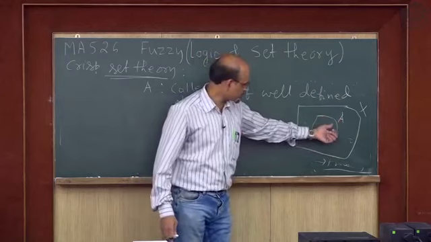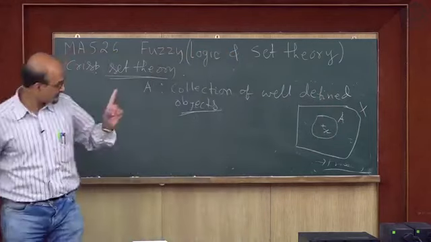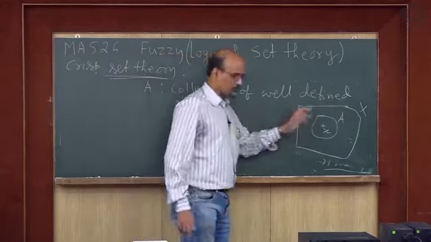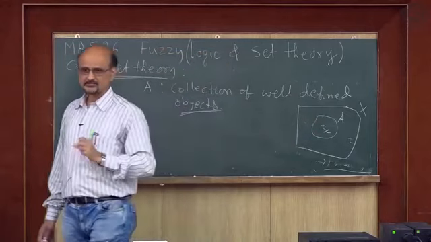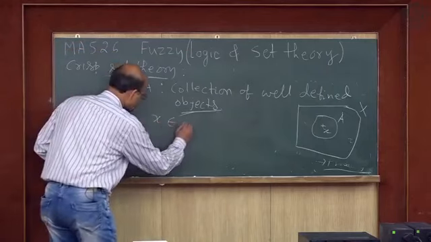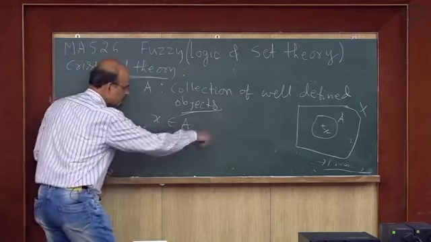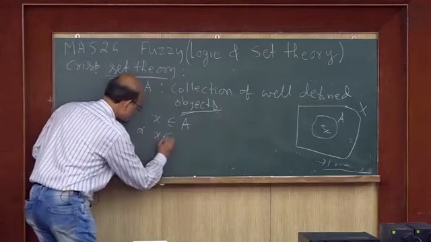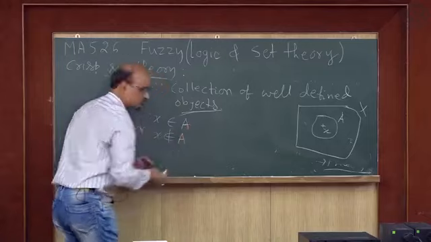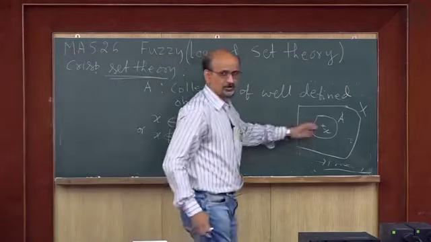So, x belongs to A, which is in universal set X. Now, in crisp set theory, what do we write? x belongs to A, or maybe x is outside, then x does not belong to A.